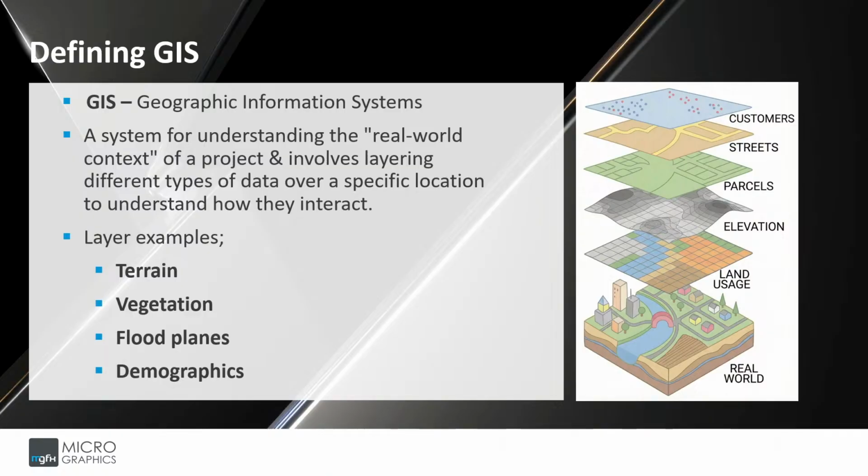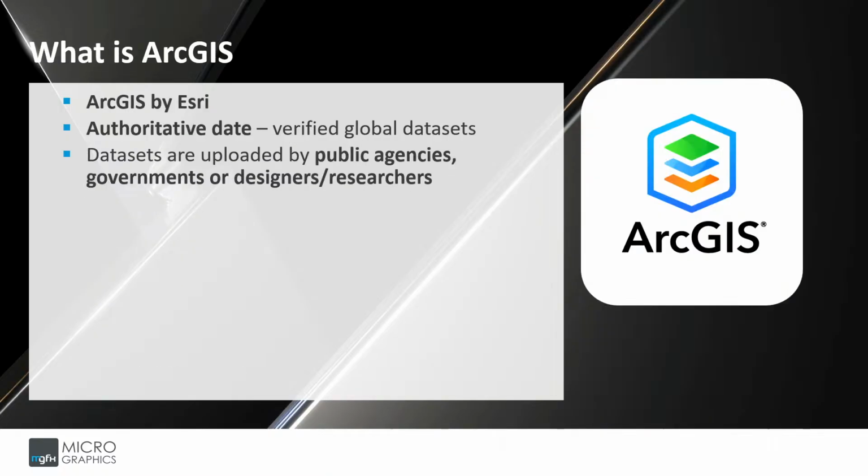And this is quite important for urban planners, urban designers, and architects because all of the design decisions that are made impact the real world. It impacts how people interact with the building or with the urban space. So it's quite important to understand the dynamics of this space.